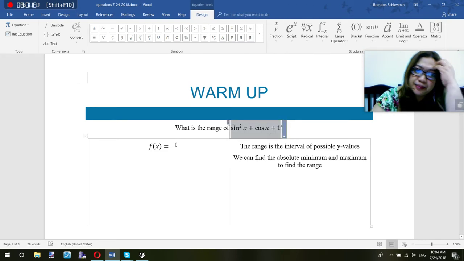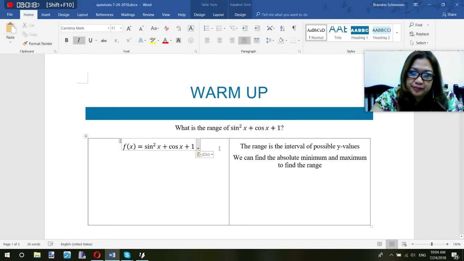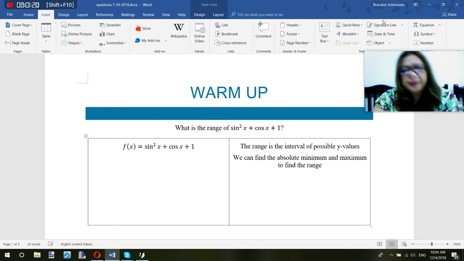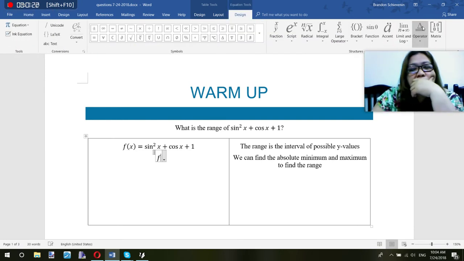What happens if I derive this function? I will use power rule. Okay, this is not a polynomial. So what's going to happen if I derive sine of x squared?